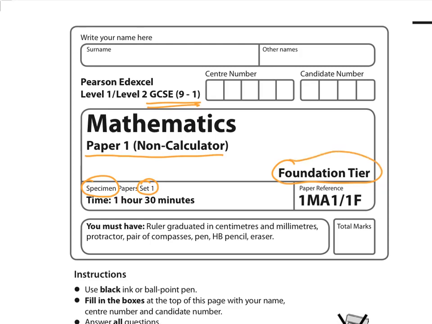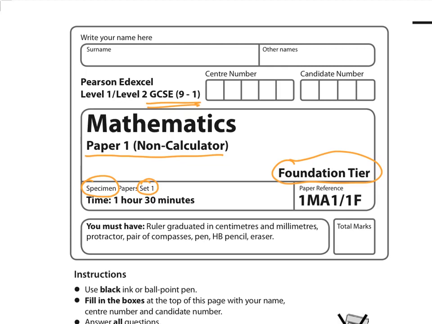Previously on some of my videos for the old specification, I've done 8 higher GCSE papers for the old specification. Those will be very useful for you, but if you're a year 10 student at the moment, then these papers are really for you because they are designed very well by Edexcel, in my opinion, to try and prepare you for the new specification.